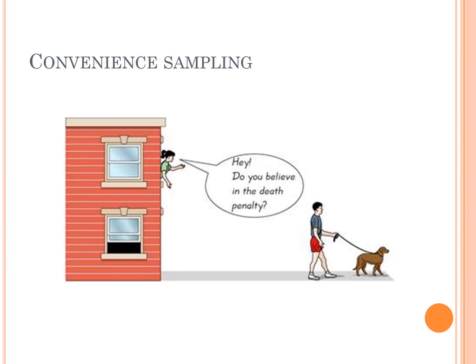And notice that the researcher just says, "Hey, do you believe in the death penalty?" Anyway, she's doing convenience sampling in sort of the most prototypical way.